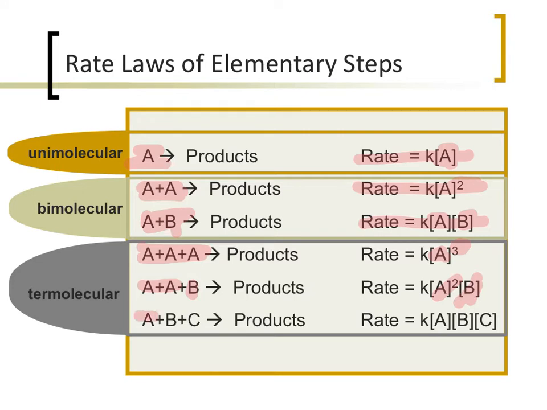Or I could have three different things, in which case you would include all three, and they would each be to the first power with respect to its own concentration. Third order overall for each of these rate laws. And again, I cannot emphasize enough that these are the valid rate laws where the coefficients become the orders only if this is the individual rate determining step.